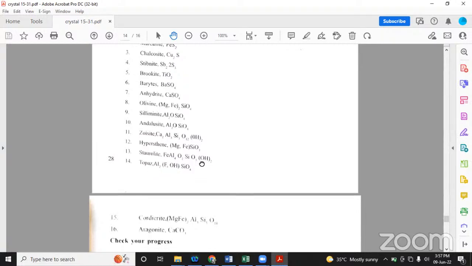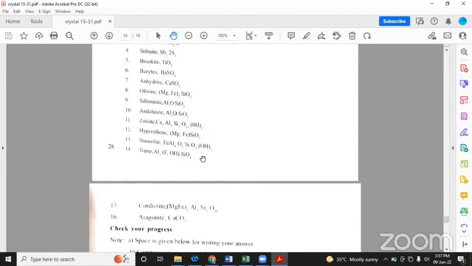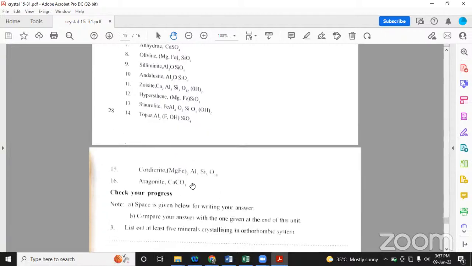Topaz is number 9 on the hardness scale. Cordierite, aragonite, CaCO3, calcium carbonate. This is simple.